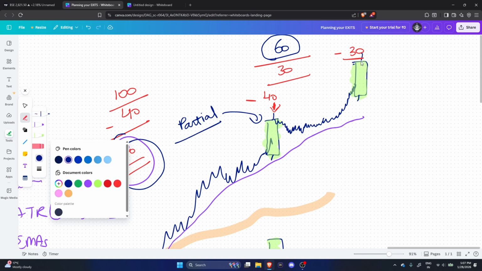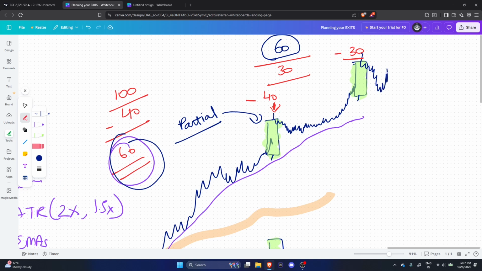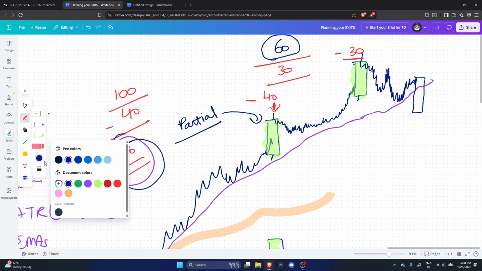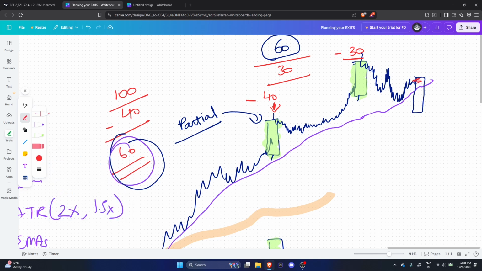So the price is now starting to correct a bit. This is your 21 EMA, and you see a candle something like this, breaking this 21 EMA, and there is also some volume.